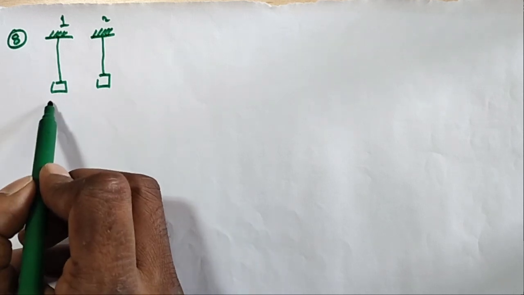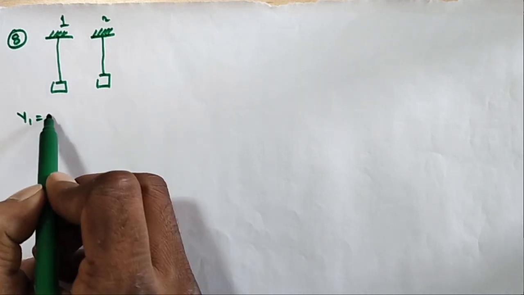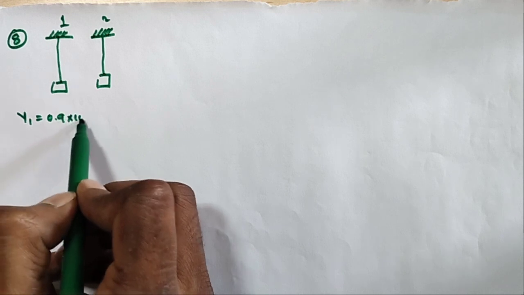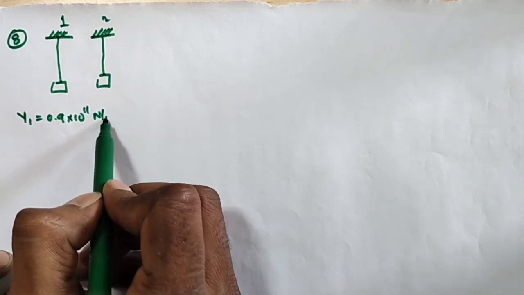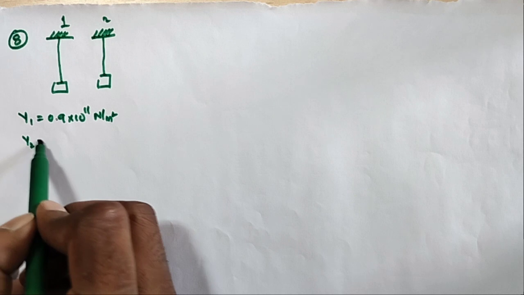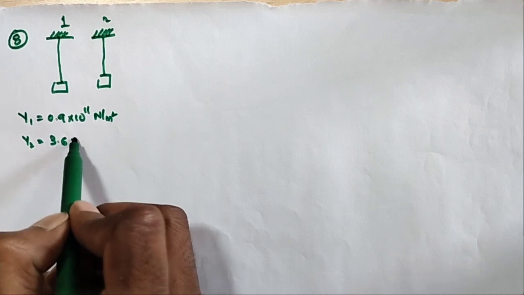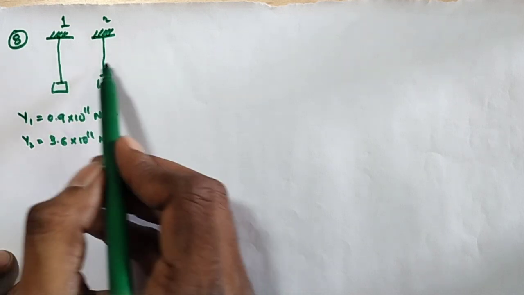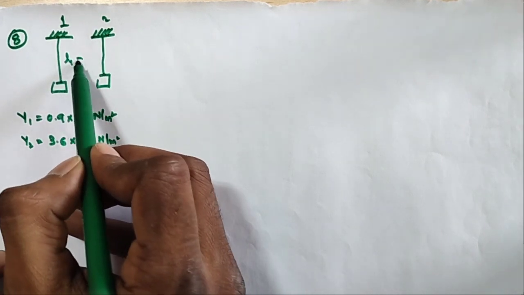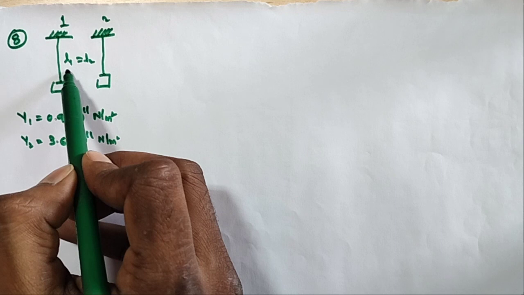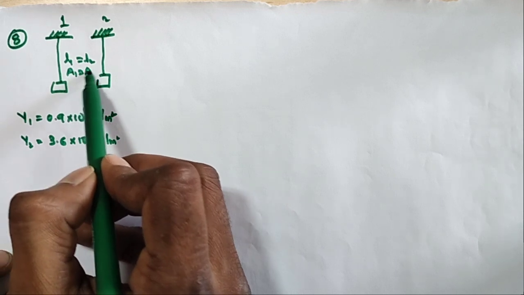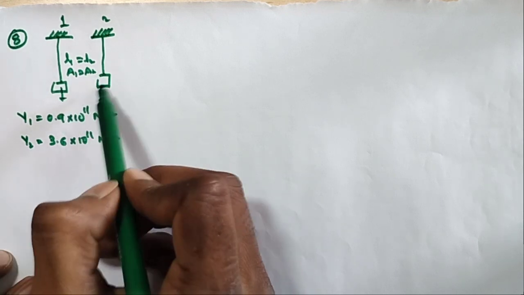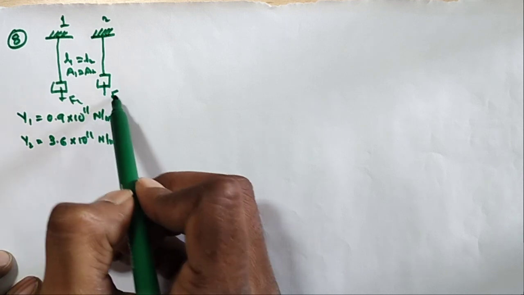Young modulus Y1 is given as 0.9 into 10 power 11 Newton per meter square, and Y2 is equal to 3.6 into 10 power 11 Newton per meter square. Both lengths are equal, that is L1 is equal to L2. Area also equal, A1 is equal to A2. Force also equal, F1 is equal to F2.